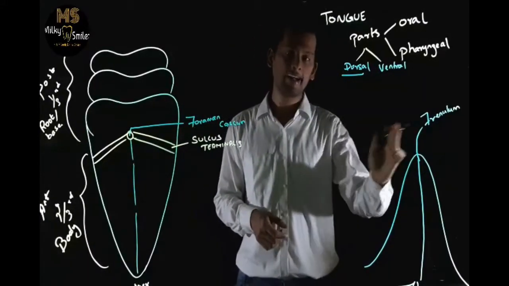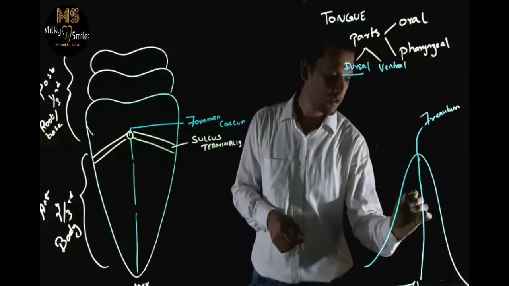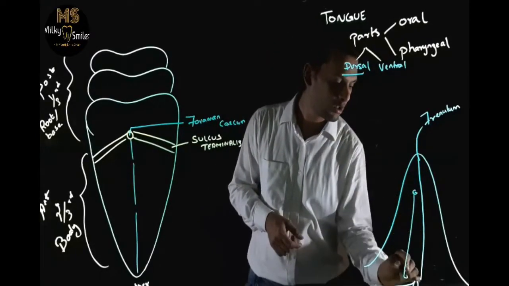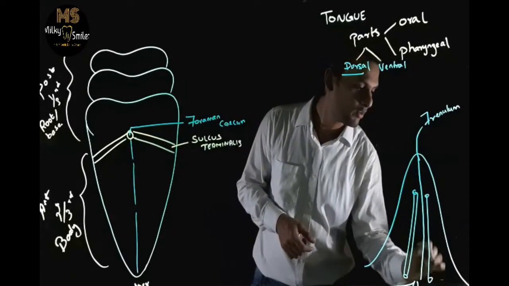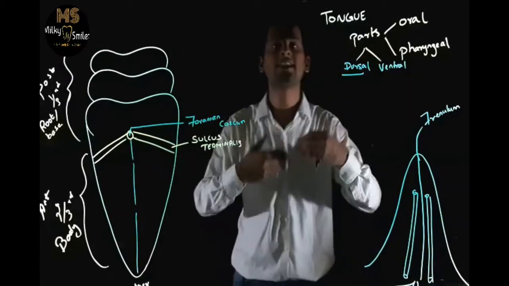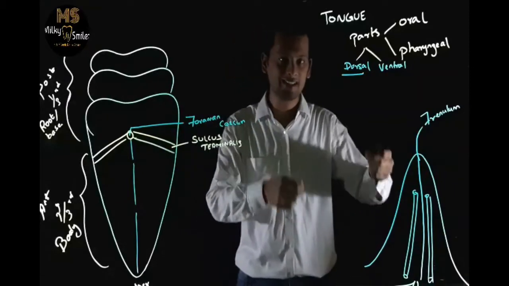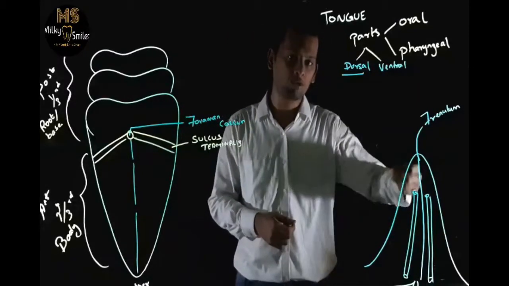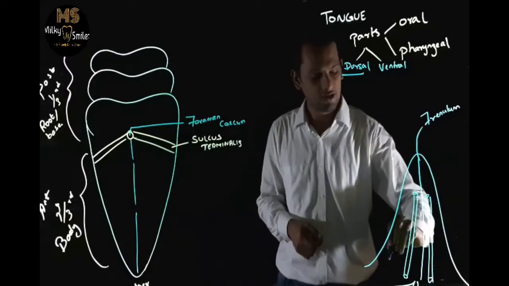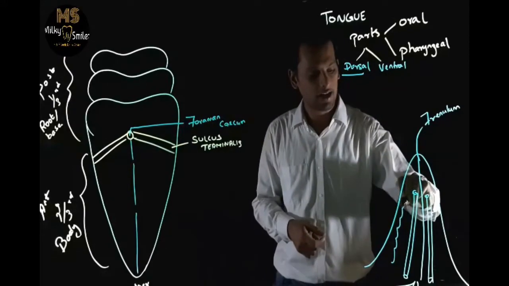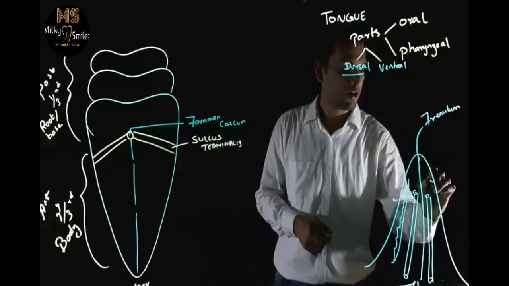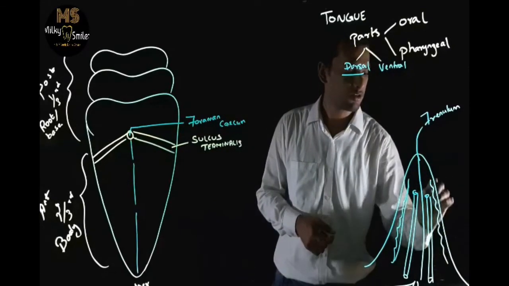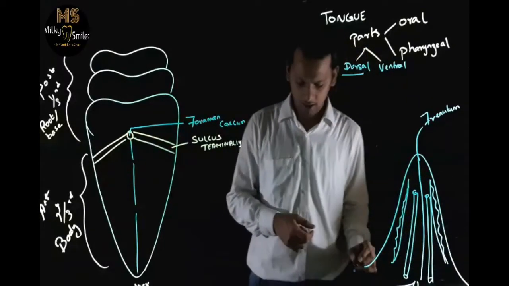On each side of the frenulum there is a deep lingual vein running around. When we see the undersurface of the tongue ourselves, you can see the bluish tint of the vein that is running around, and on the lateral aspect of this you can see a finger-like muscular projection called plica fimbriata.